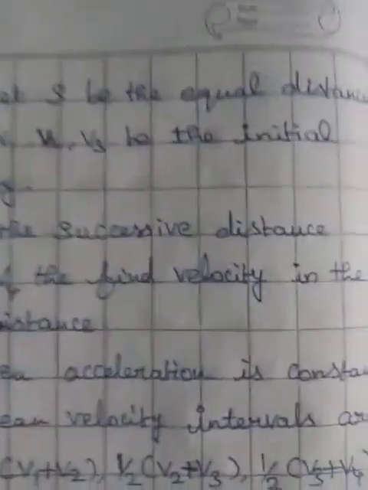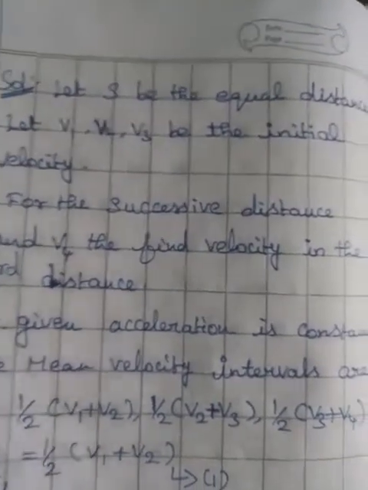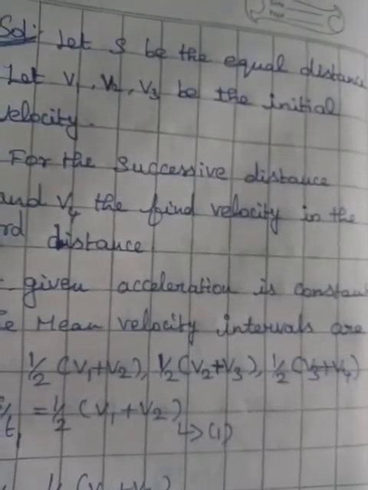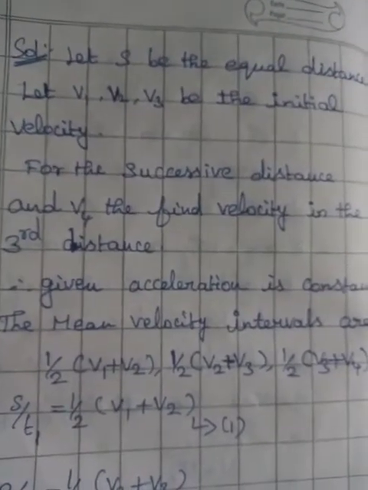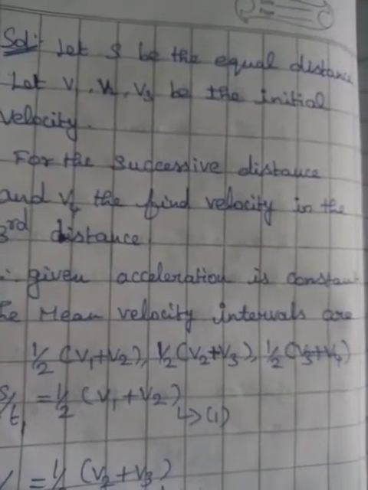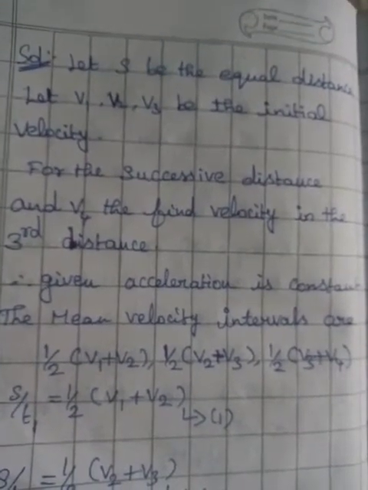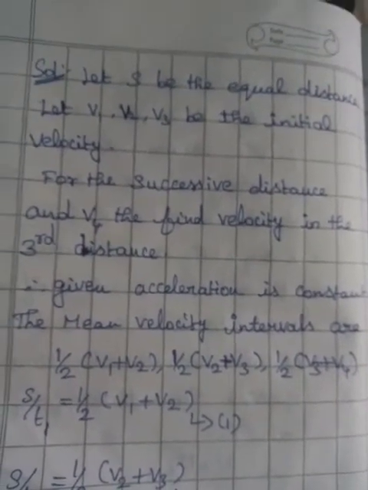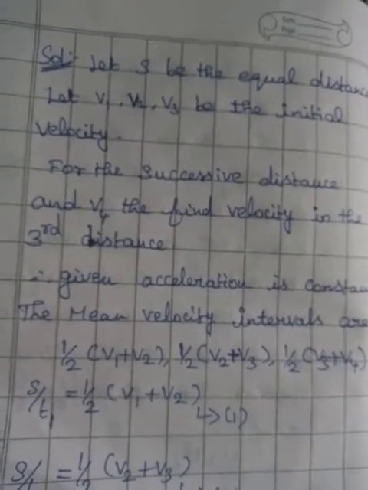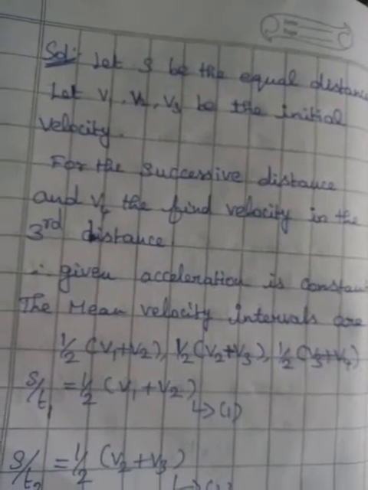Solution: let S be the equal distance. Let v1, v2, v3 be the initial velocities for the successive distances and v4 the final velocity in the third distance. Since the acceleration is constant, the mean velocities in the intervals are 1/2(v1 plus v2), 1/2(v2 plus v3), 1/2(v3 plus v4).